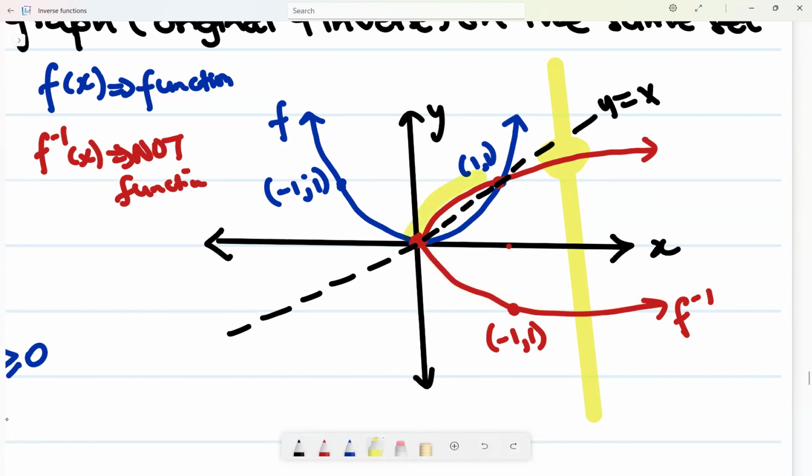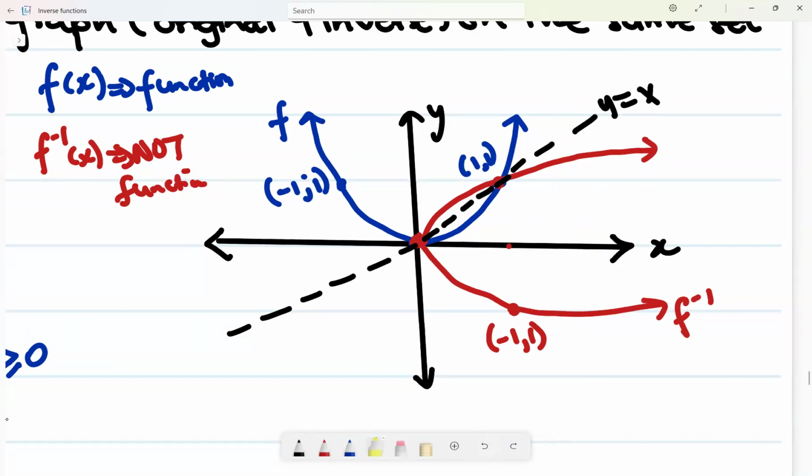If I remove this portion of the graph, it becomes a function. Or if I remove this part of the graph, can you see my inverse becomes a function?